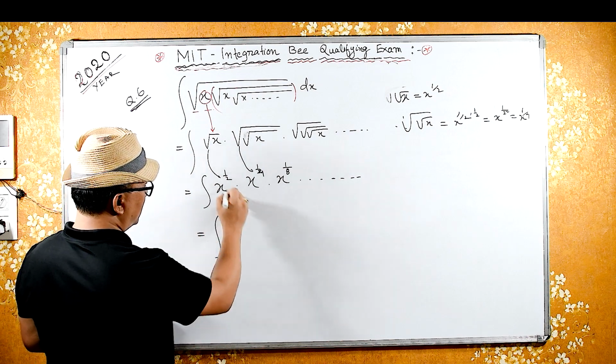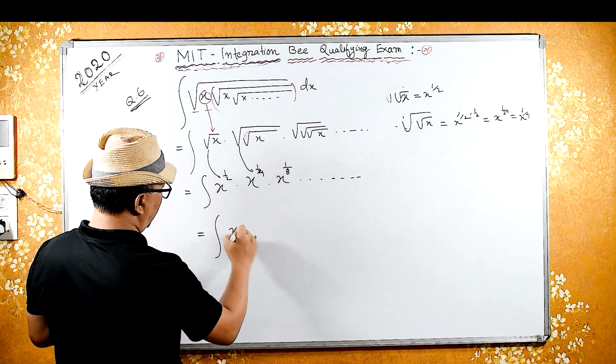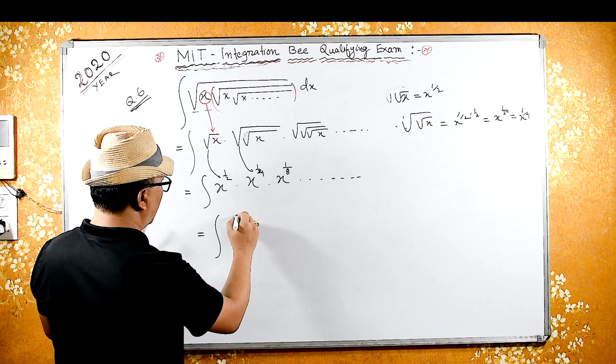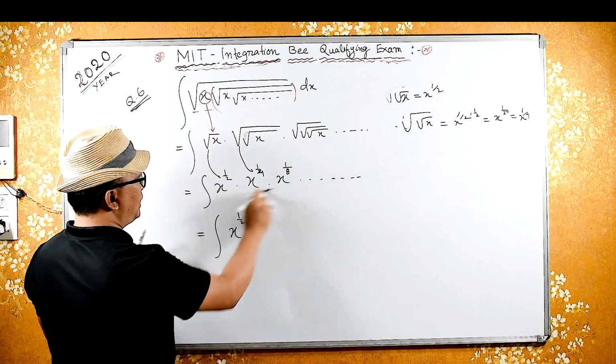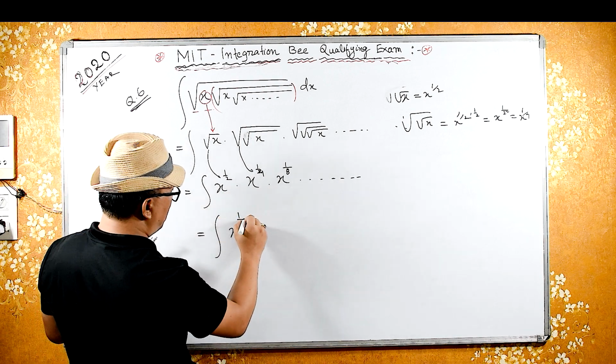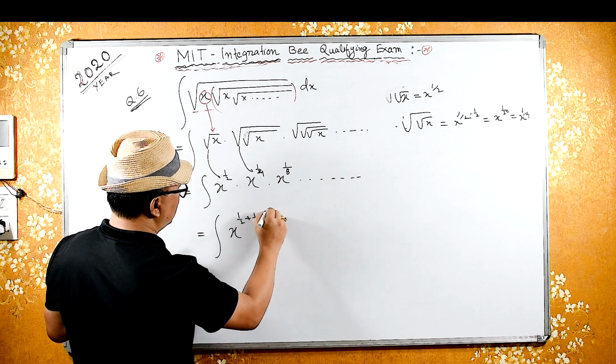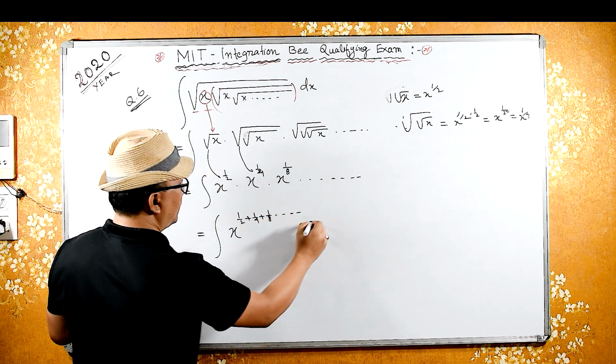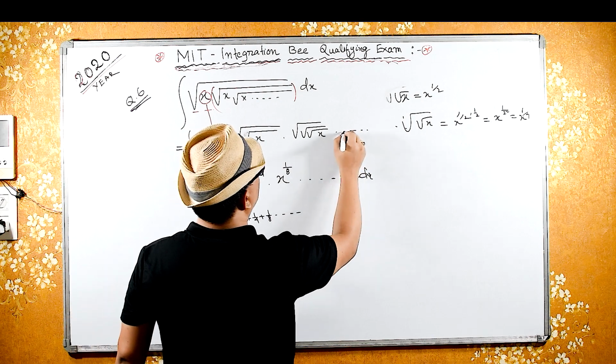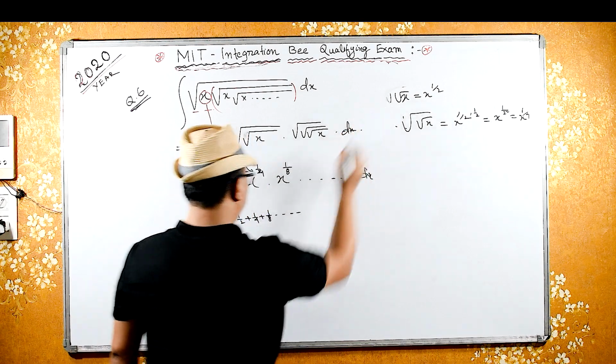If bases are equal, you can add the indices. It's half plus 1 by 4 plus 1 by 8 and so on, with dx.